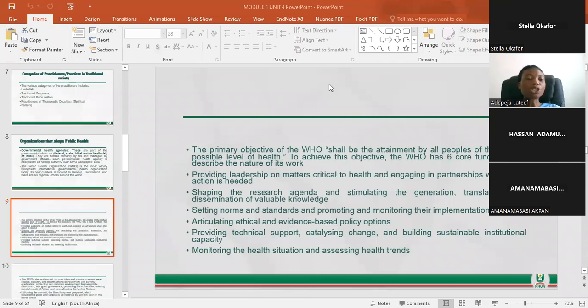And in that situation, there is need for collaboration where what is being done in Nigeria is being done in the US in terms of combating or fighting this virus. So over to you, class. What are the other functions of the World Health Organization? I've started you off.